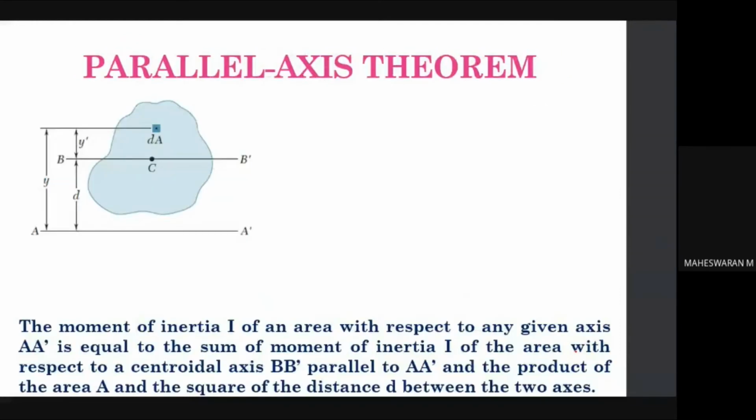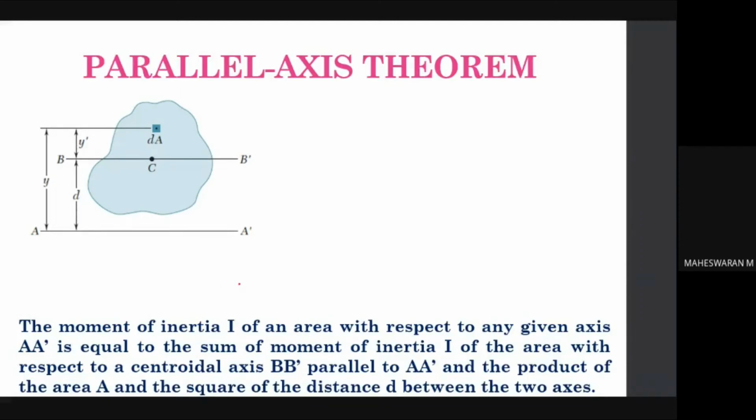Next theorem. We have the parallel axis theorem. I have a statement, but we will first discuss what it means. Your moment of inertia will change with respect to the location.